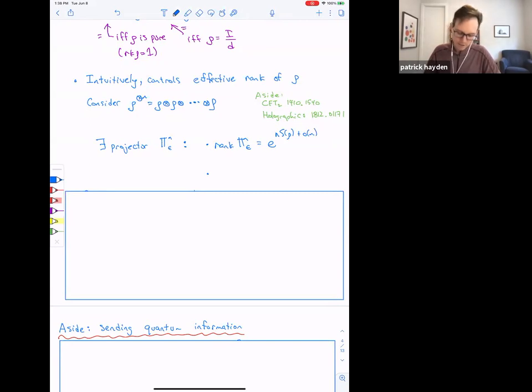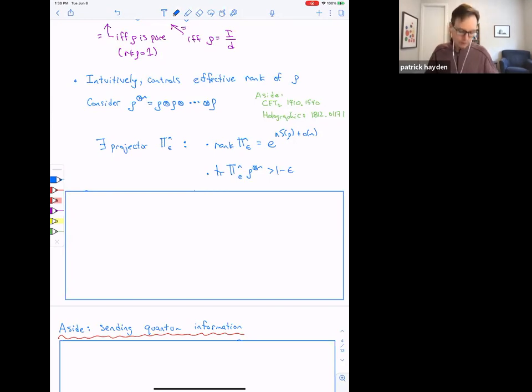So there's some projector, and the trace of that projector against the state is large. That tells me that the quantum state is effectively contained in the non-zero eigenspace of that, in the range of that projector.